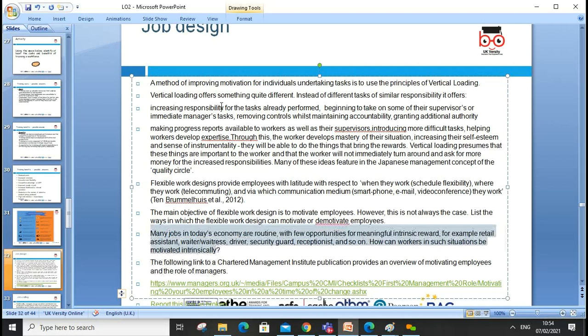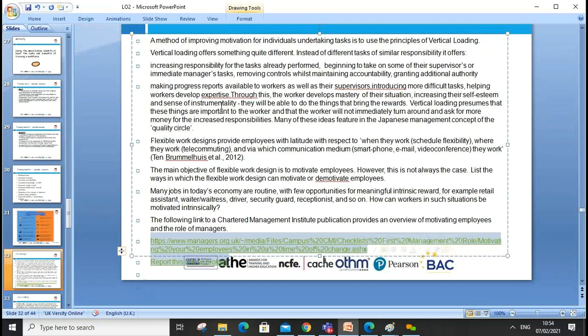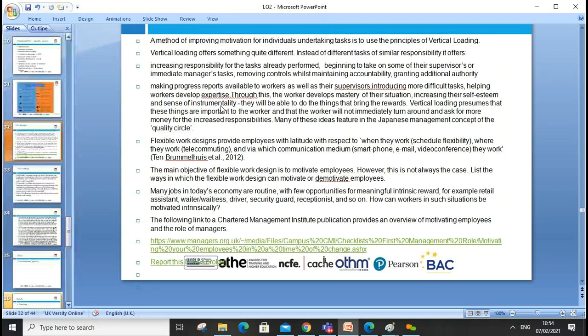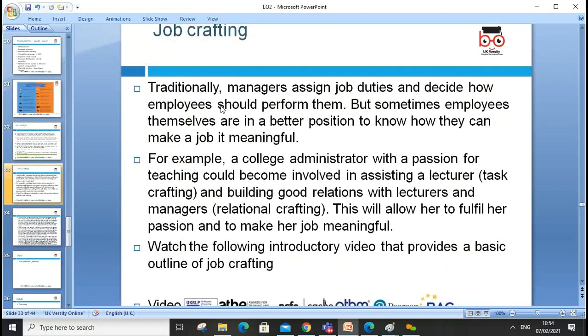So we need to make sure we carry on setting a system. We have an article to read, which is set by CMI, Chartered Management Institute. So it's good to read; you can copy the link and read it as well to further enhance job design.